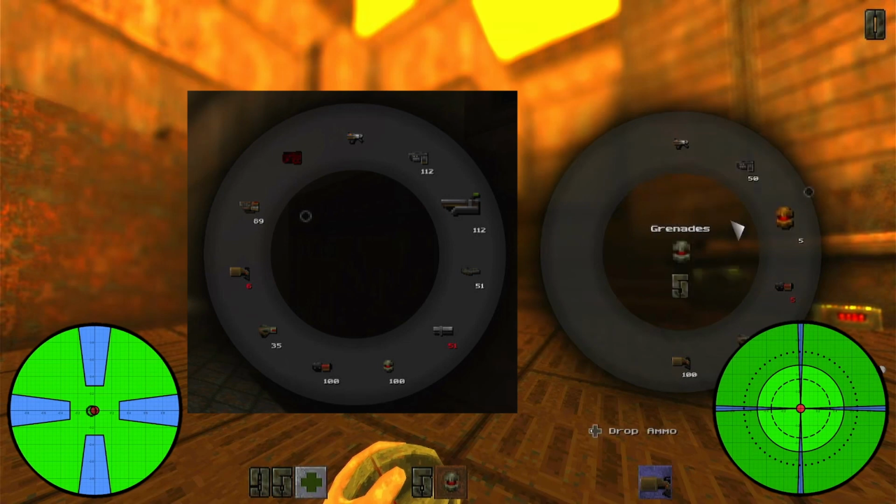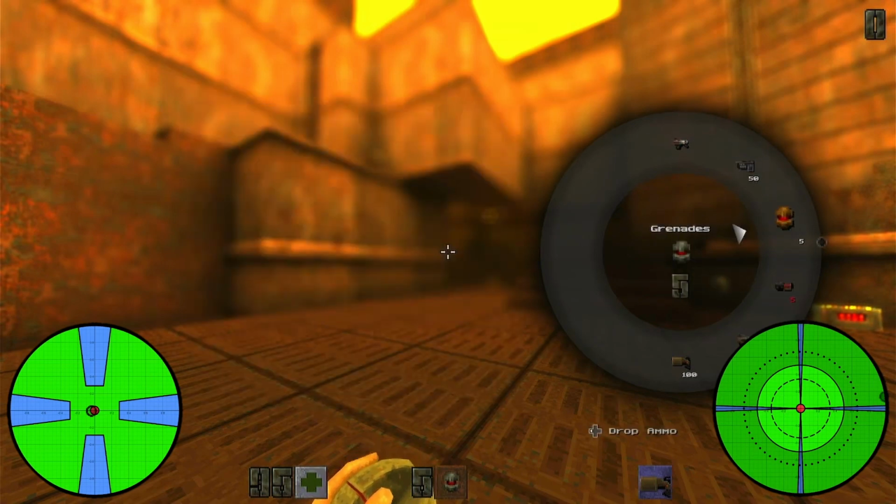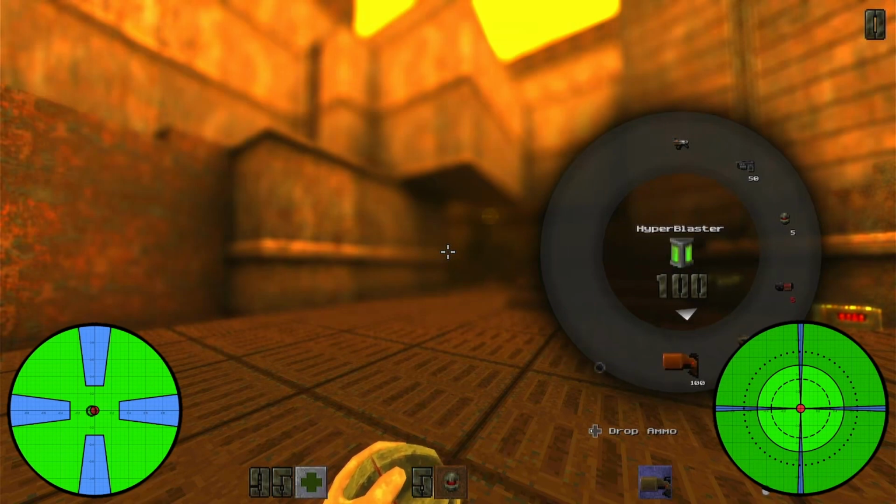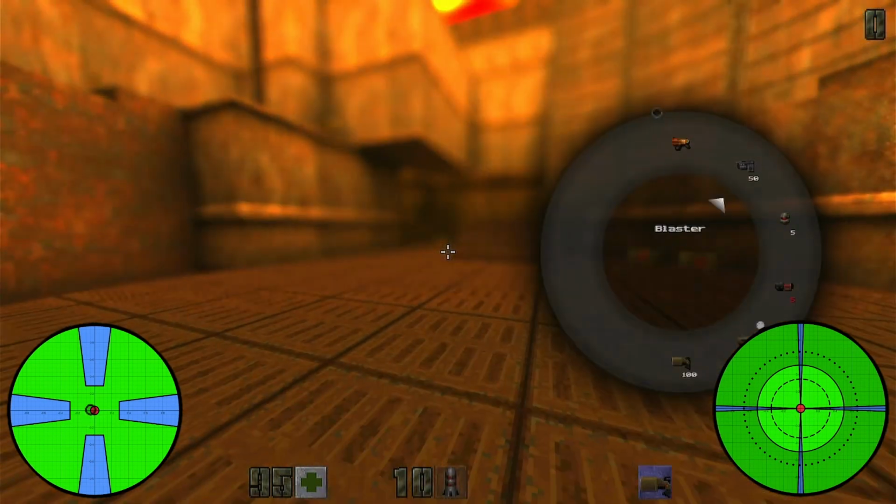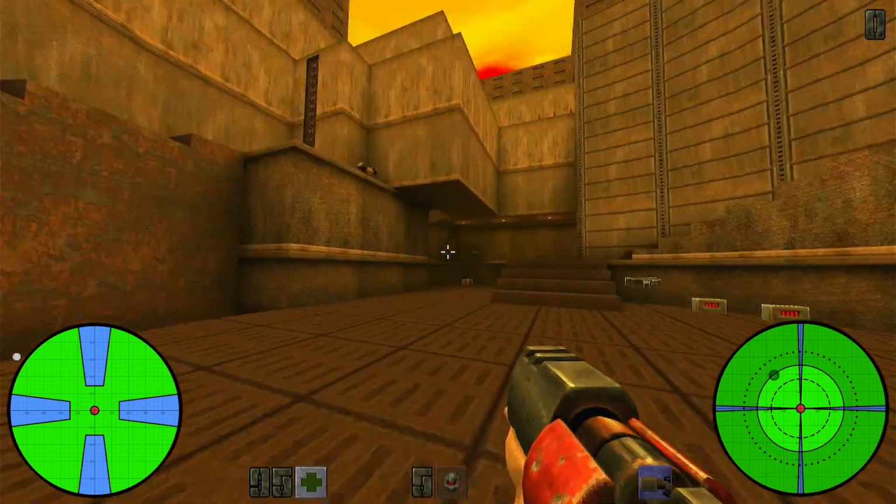So what it's doing is it's queuing up the weapons in order, and then just shifting them until they reach their true position. So it's very inconsistent where a weapon will be depending on the amount of weapons you have and what order you've collected them in. As you can see, the hyper blaster comes after the rocket launcher.